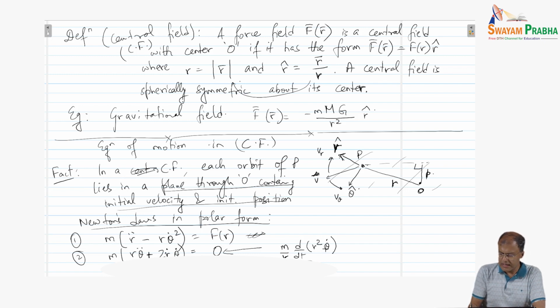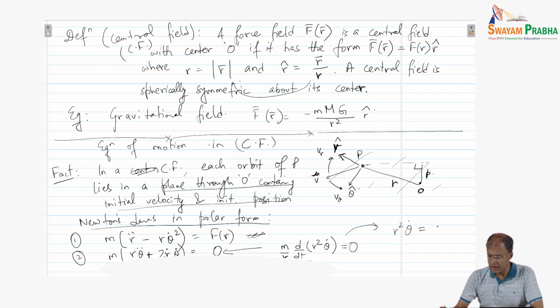So if we differentiate this quantity, we are going to get the two terms that we have written on the left hand side of the second equation. So of course this is equal to 0, and we see that from here we get an important relation, that r square theta dot is a constant.